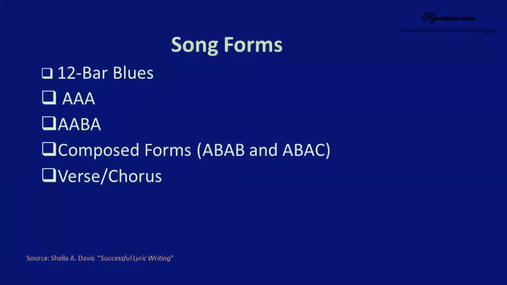And the second point on lyrics to make for me is, this is from the Sheila Davis book of songwriting on song forms. By the way, that's a great book. It's a big, thick book, and it has a wealth of information on songwriting. But in this little chart, it just talks about forms, and you can see how limited that is. And you can say, oh, well, I can write outside of that. Well, you can. I've done it.